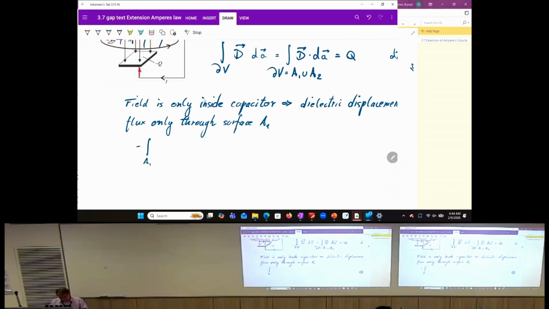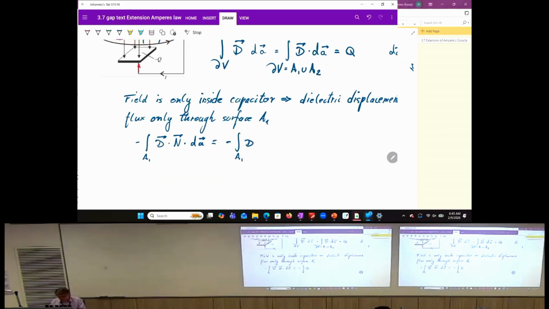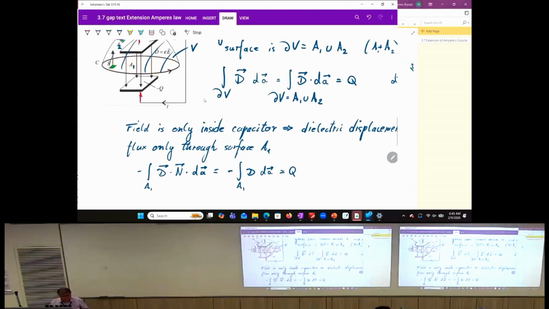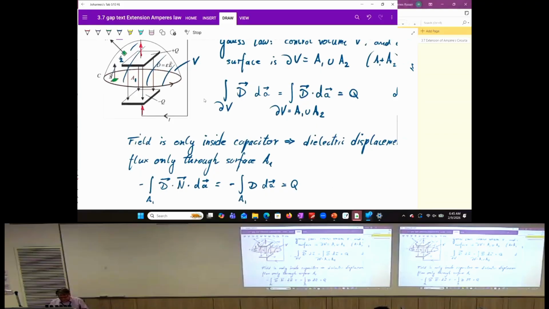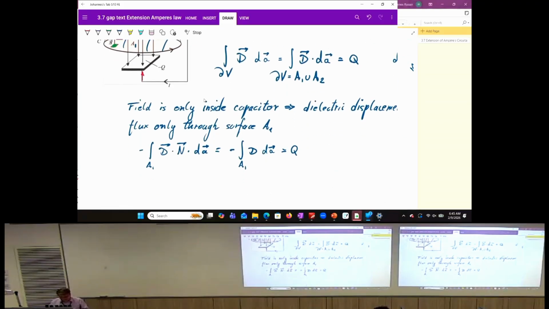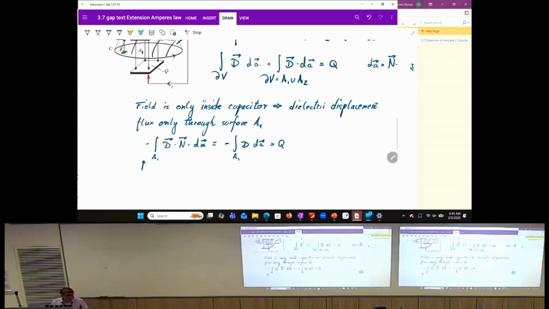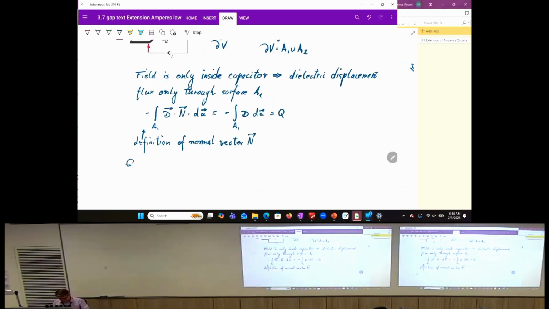So we integrate over A1. See, this is our normal vector here. And because that normal vector, as we have defined it here, is pointing inward, because this segment of the surface originates from the area A1, and that's how we define the normal vector at that point, in consequence I put in this minus, which stems from the definition of the normal vector. Now Q changes with time.